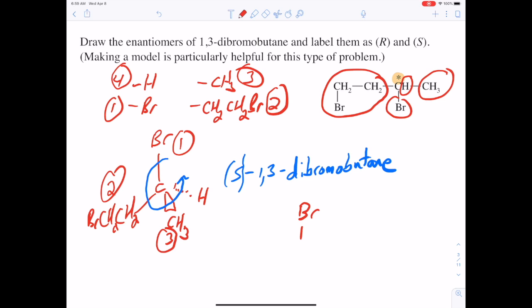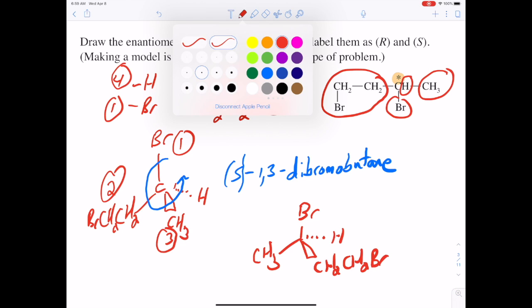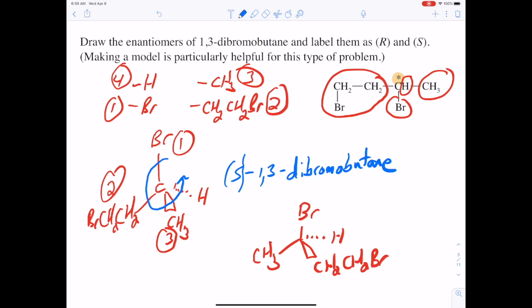So I could have this be CH3 here, coming forward, it could be the CH2, CH2Br. And that would be the R configuration.